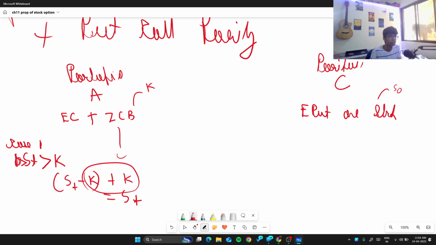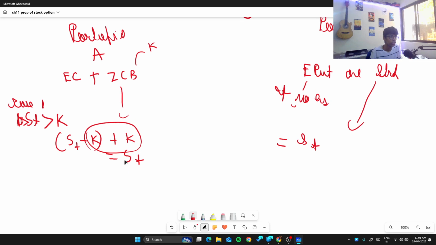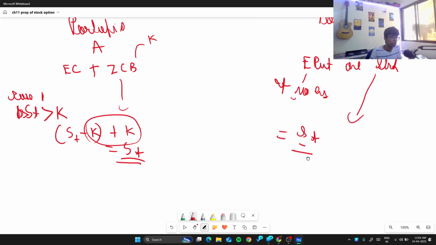And for portfolio C, if ST is greater than K, the put option will not be exercised, it expires, and our return will be ST, the stock price. You can understand it. See, this ST and this ST are the same, so there is some kind of relation.